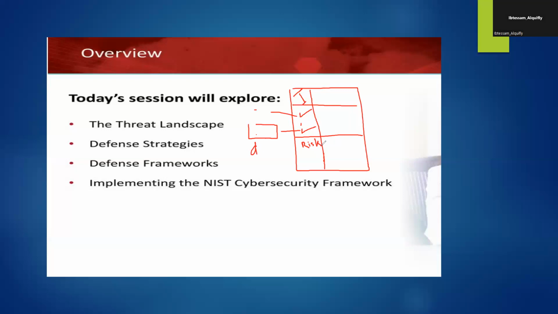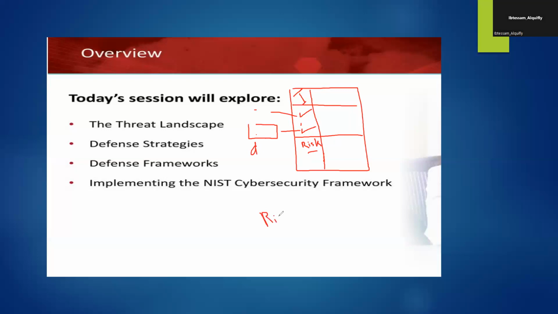Sometimes we can say that it will have a huge impact on our reputation. So risk is the probability or likelihood of a threat to compromise a vulnerability and cause an impact. This is the equation of risk, the one they taught us a long time ago.